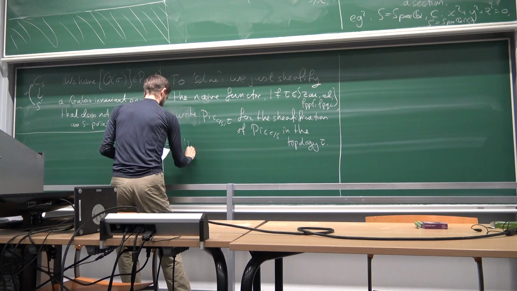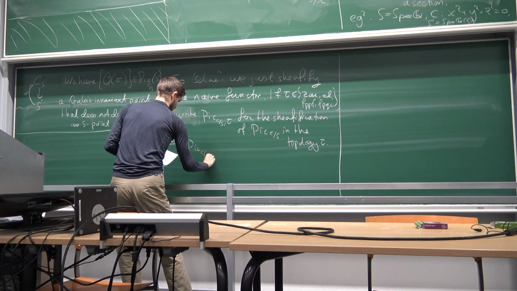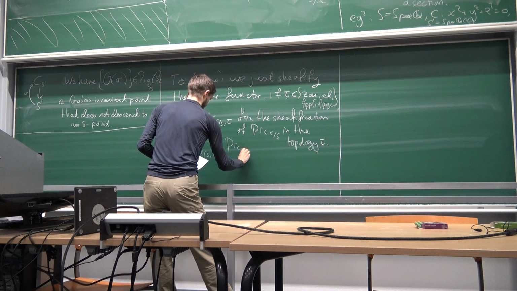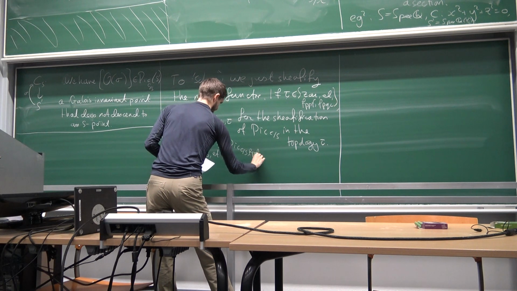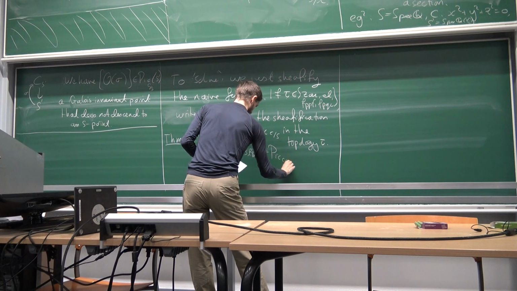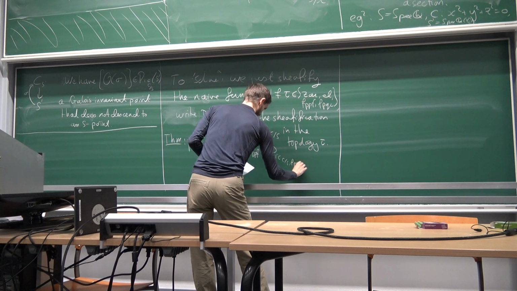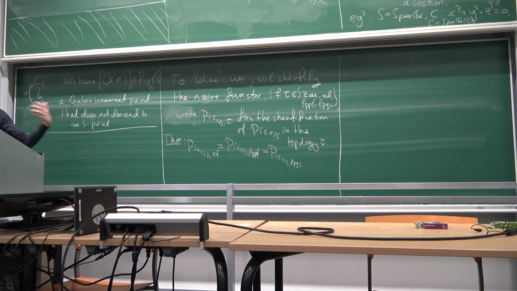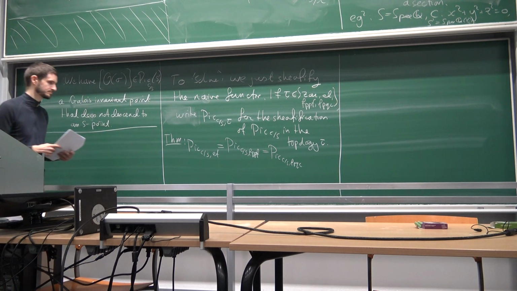So the theorem says that Pic of C over S comma étale is the same canonically as Pic of C over S comma fppf. So another way to say it is that when you've sheafified it with respect to the étale topology, it's automatically a sheaf with respect to all the other ones.